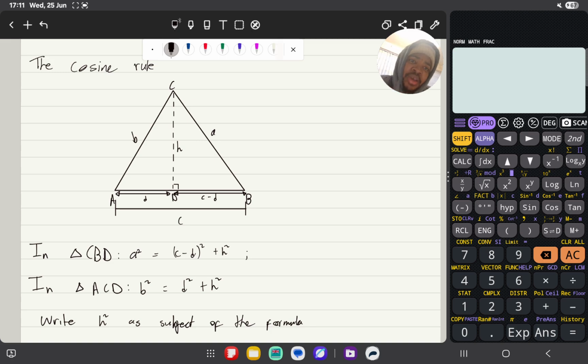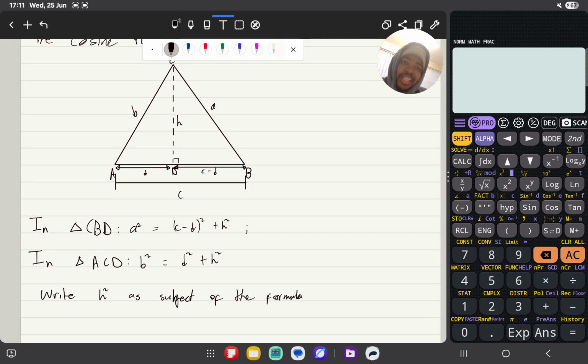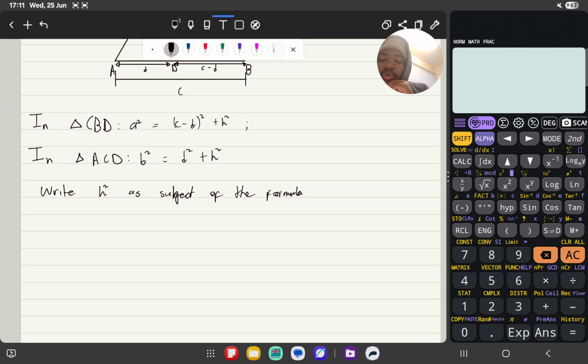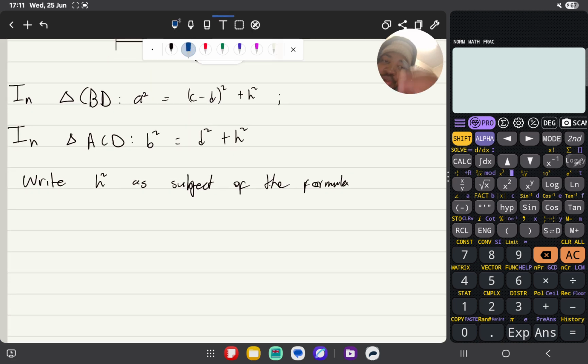And now this is where the most interesting thing starts, and the derivation of the cosine rule comes in, right? So we have to write the h squared as the subject of the formula, right? So let us do that. For the first one, here's h squared, so I'm transposing this one to the other side.